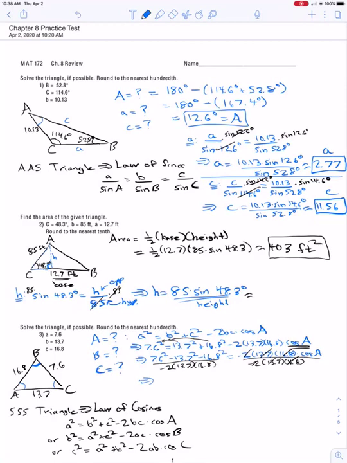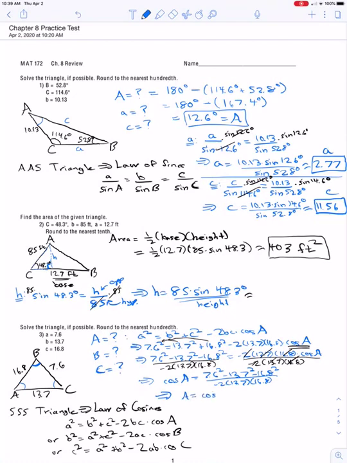So that implies what? Cosine of A is equal to 7.6 squared minus 13.7 squared minus 16.8 squared divided by negative 2 times 13.7 times 16.8. Now that's cosine A. Now we need A. So how are we going to get A?